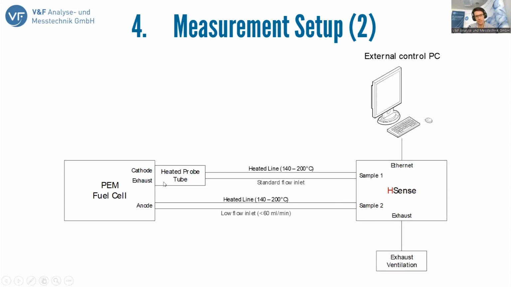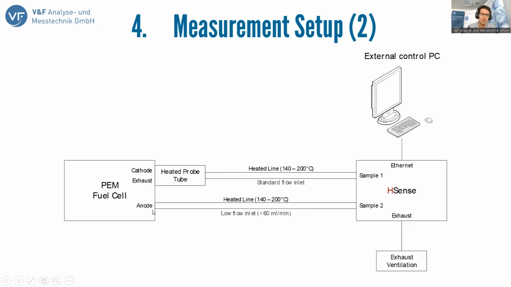This is due to the very high levels of water and also condensing water that is typically formed on a PM fuel cell. And we have a so-called low gas consumption inlet for the anode side, because any gas measurement technique usually will draw a certain amount of gas from the measurement point.